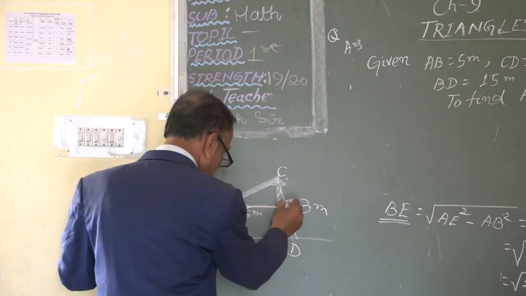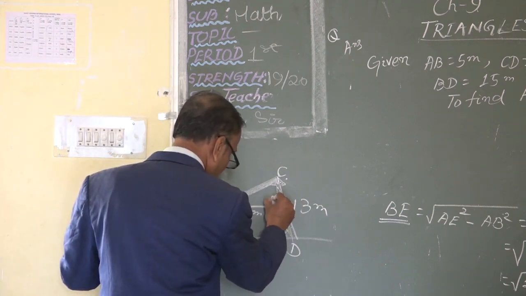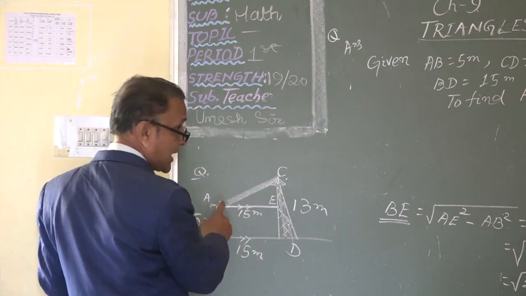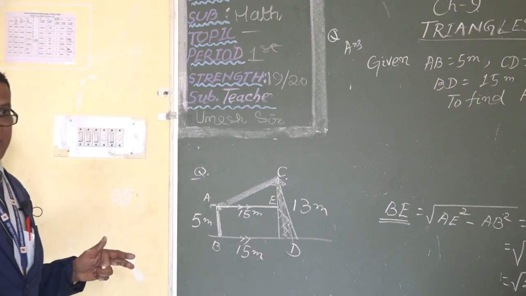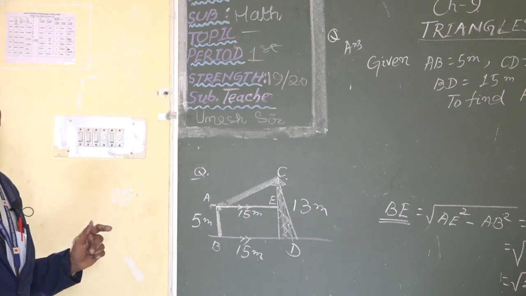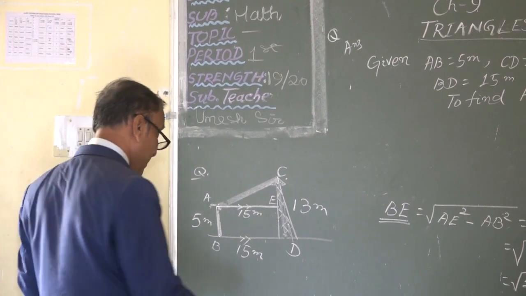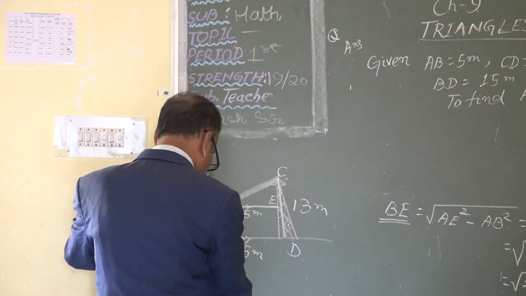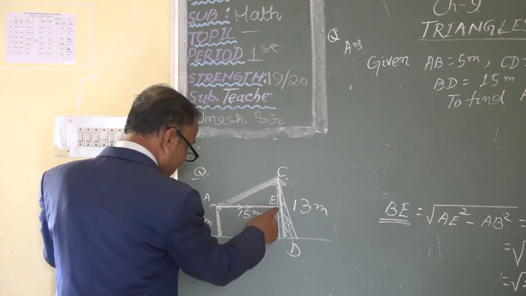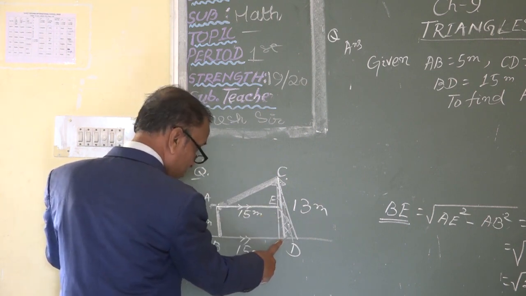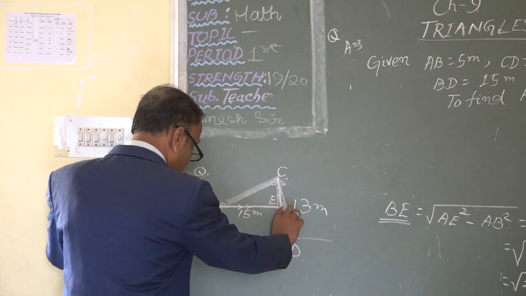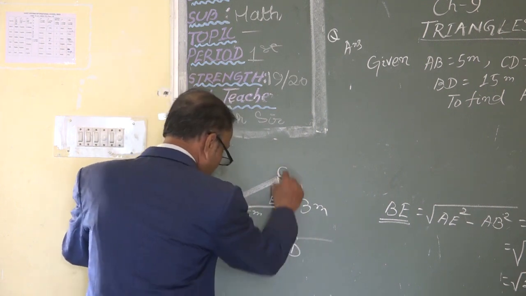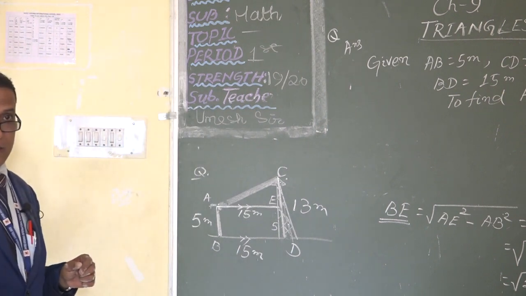Suppose it is E. This is your point E. So BD is equal to 15 meter means AE also equal to 15 meter because it is a line parallel to the ground. Now here you see, here CD is equal to 13, but AB is equal to 5 means ED is also equal to 5 because same height. So this is 5, but total is 13.